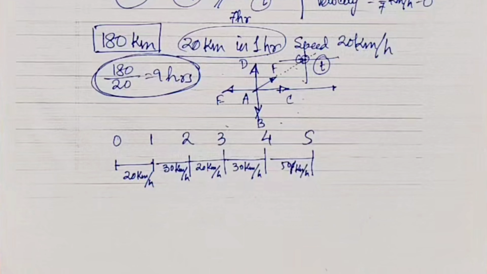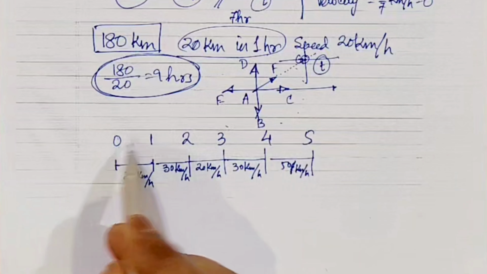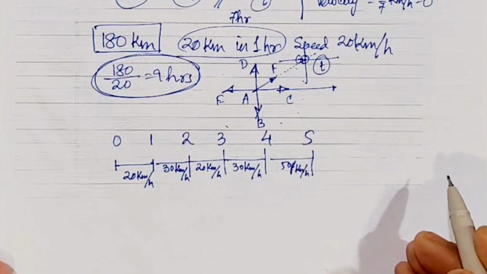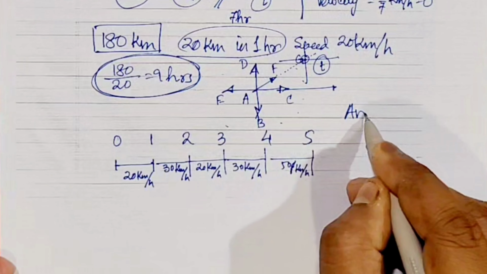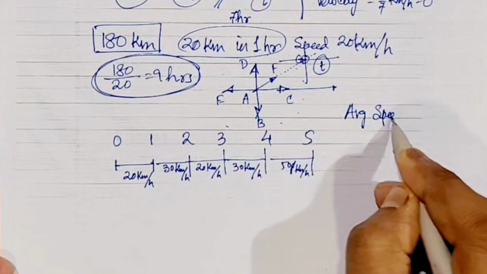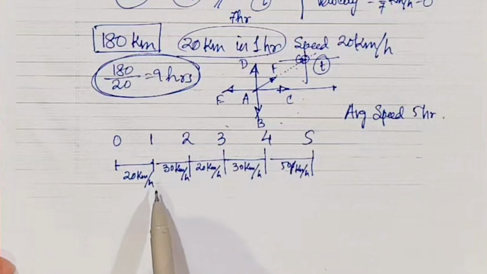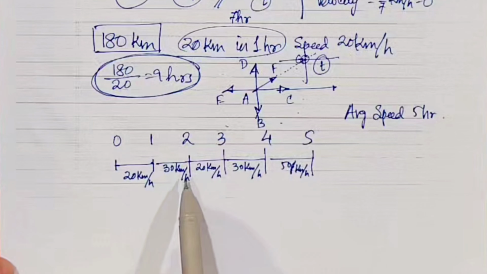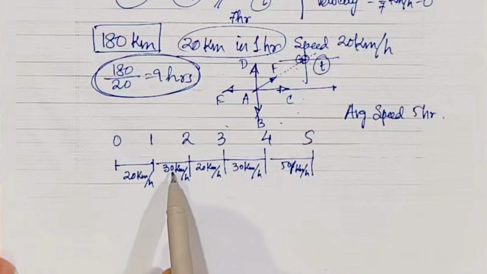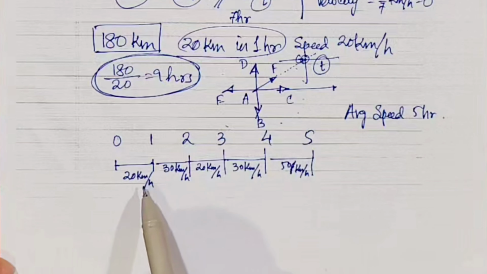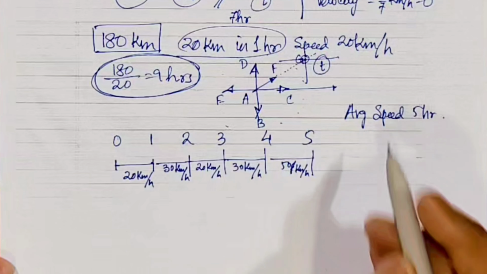If somebody is asking for an average speed, it has to be specified for what duration. Is it for these 5 hours? Okay, so let's say what is the average speed during the 5-hour journey. What we need to do is add all these speeds together, 20 plus 30 plus 20 plus 30 plus 50, which is 50, 50, 100 plus 50, 150.